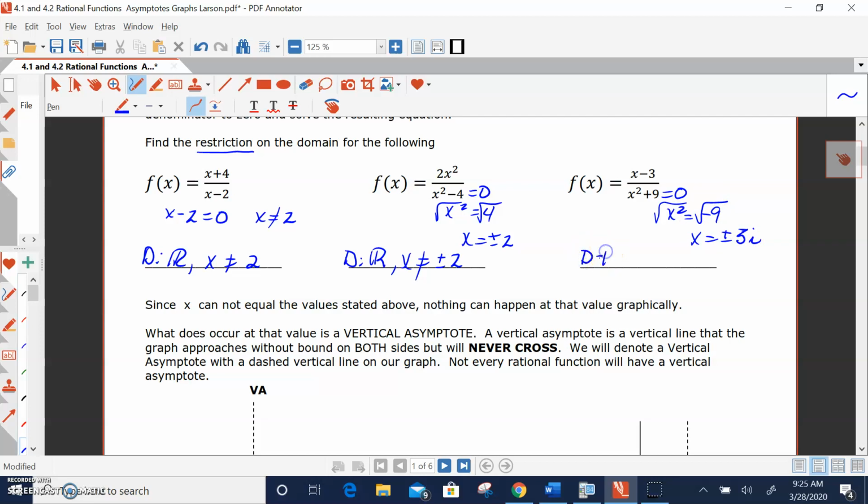Since we're working in the real number system, imaginary numbers won't exist. So when you come up with imaginary numbers as your domain restriction, there is no domain restriction, because these are imaginary and we're only working in the real number system. So this one has no restriction. It's just all real numbers.